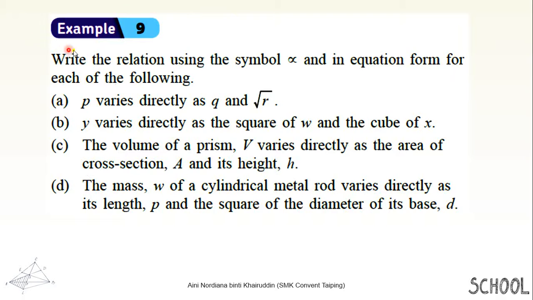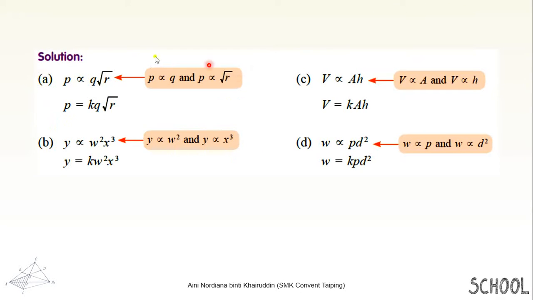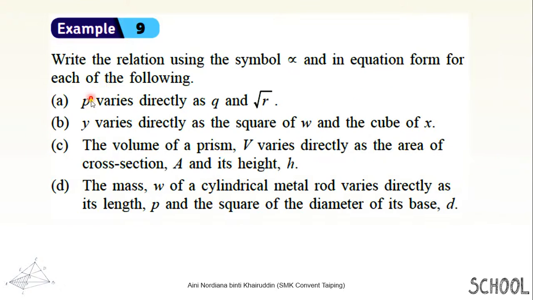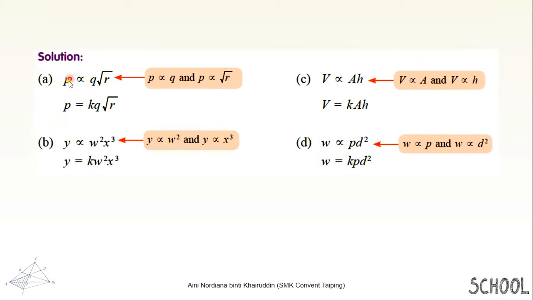Have a look at Example 9. Write the relation using the symbol of varies directly and in equation form for each of the following. For A, this is the answer. P varies directly as Q and the square root of R. So this is the variation relation.